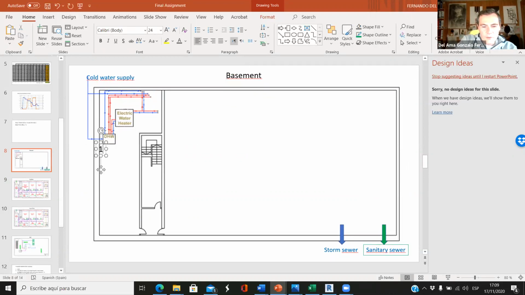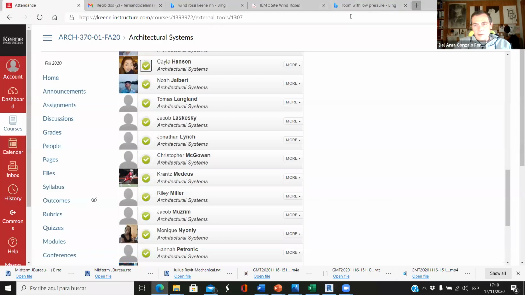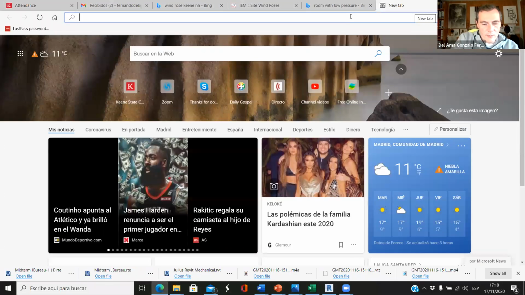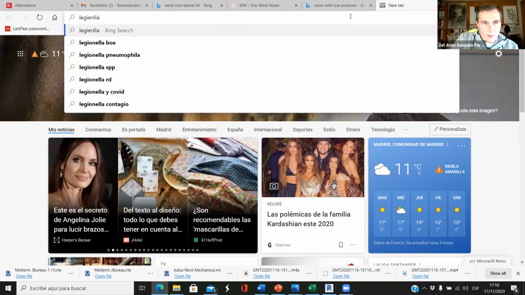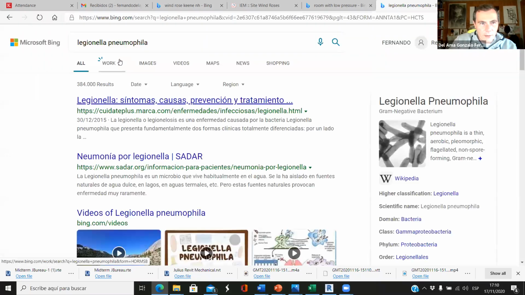the temperature of domestic hot water is 140 Fahrenheit, because we need to kill these bacteria. I think I've talked about this before. Legionella pneumophila in Latin.